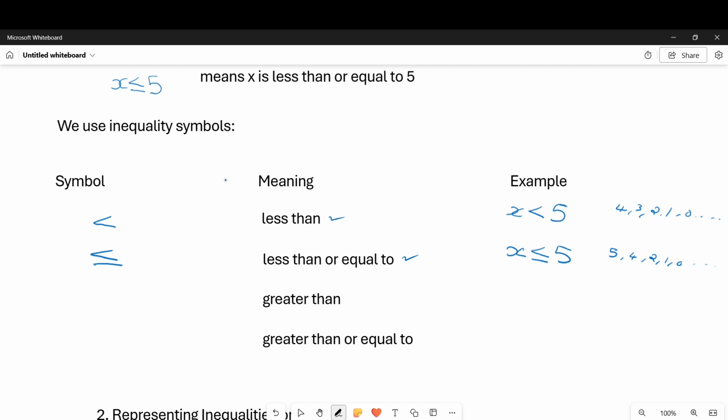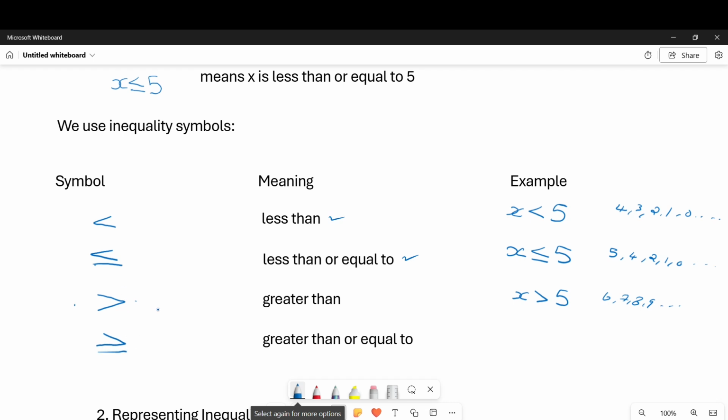So let's talk about greater than. Greater than means this is the one, greater than. So this value is greater than the right side value. Example, same, x is greater than 5. That means x has a value greater than 5. So 6, 7, 8, 9, like that. See, 5 is not included. The next symbol is greater than or equal to.